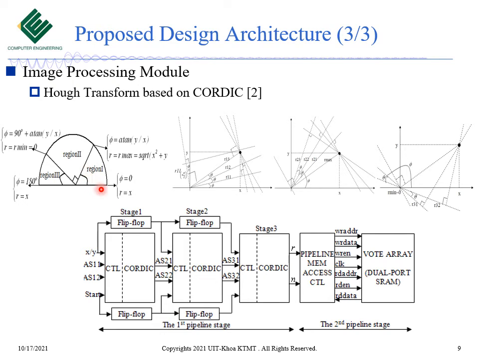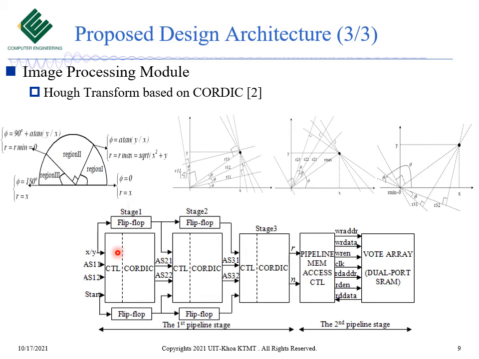In region 1, the radius goes from x to the maximum radius, which equals the square root of x power of 2 plus y power of 2. In region 2, the radius goes from r max to 0, and the last one, the radius goes from 0 to rx.